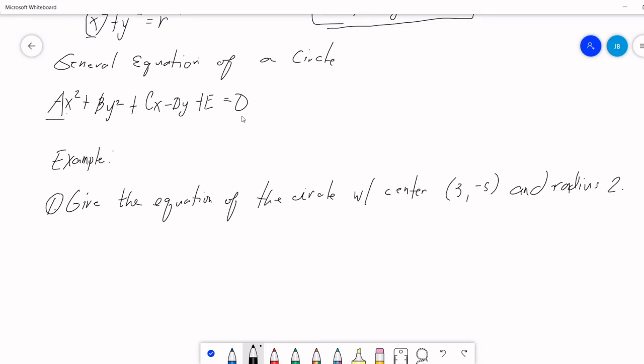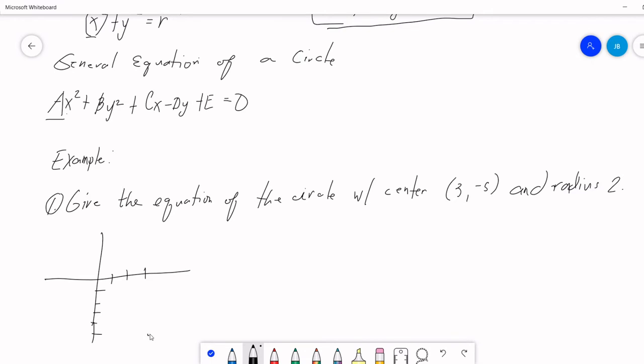Okay? So, given the center which is 3 and negative 5, meaning the center is not at 0, 0. If you are going to graph that one, that would be 1, 2, 3.